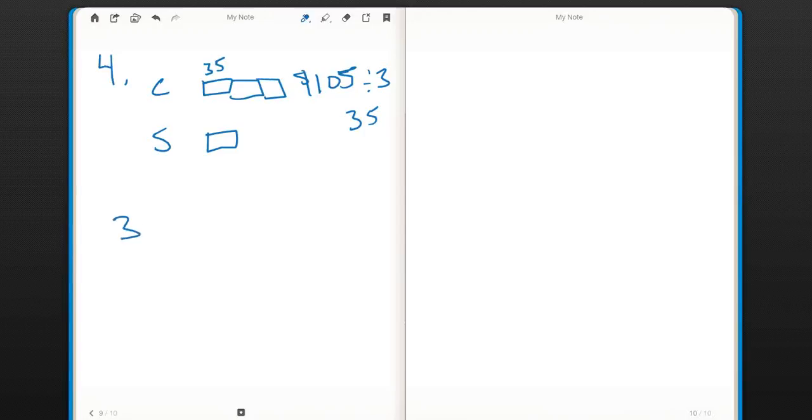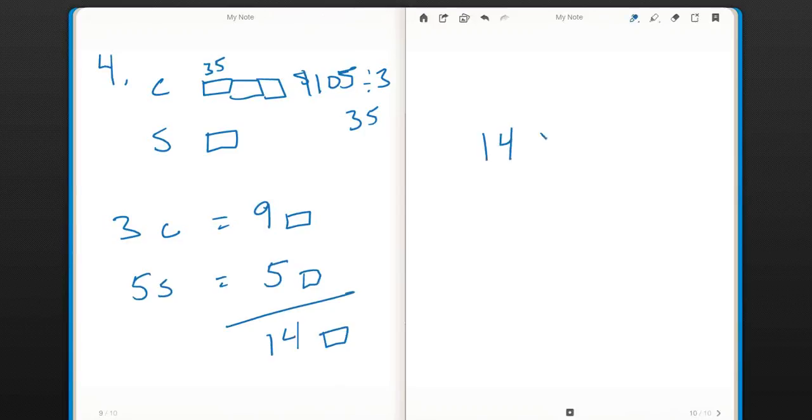Another way to do this, it's a nice quick way, is to realize that 3 coats is going to have 9 blocks, and 5 sweaters is going to have 5 blocks. Altogether, I have a total of 14 blocks, and I know that each block is 35.